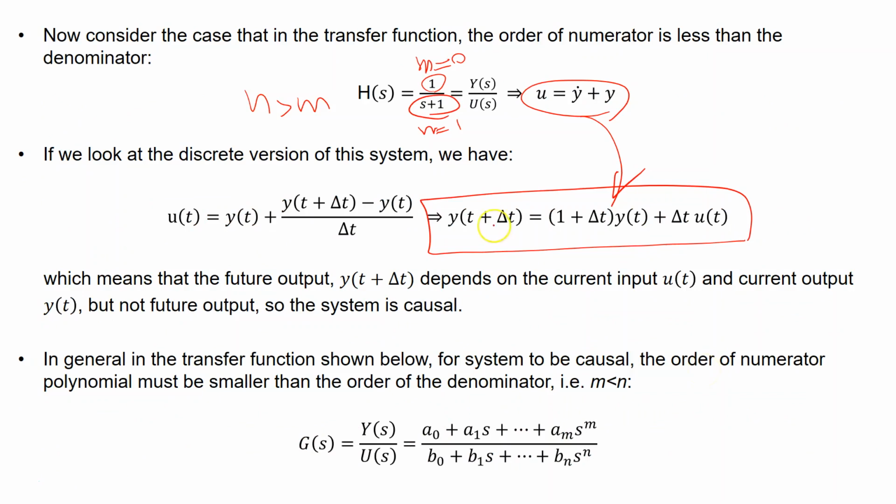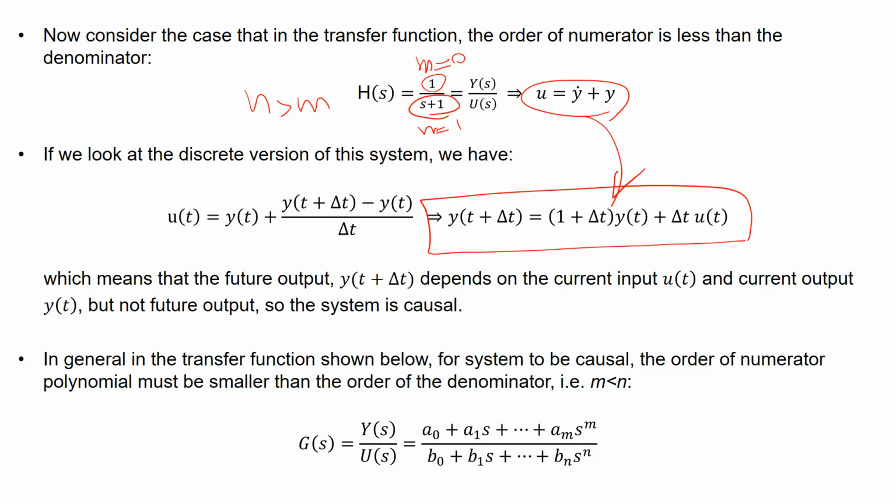But yes, of course, the future output depends on the current input and the current output, or the current state of the system. So this is fine. This is completely meaningful in a real physical system. So this is a causal system.